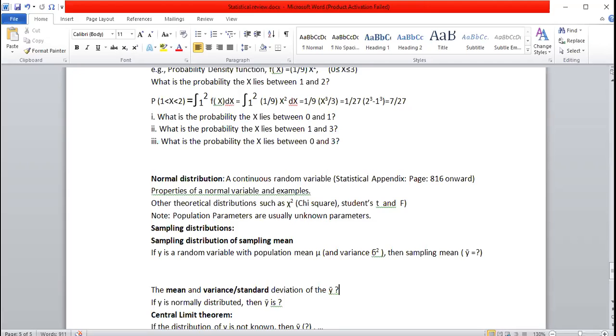Now the thing is, theoretically speaking, how many samples can you take? You have taken one sample of 100. If I go and take another sample of 100, and somebody else takes another sample, how many samples can be drawn from that population?